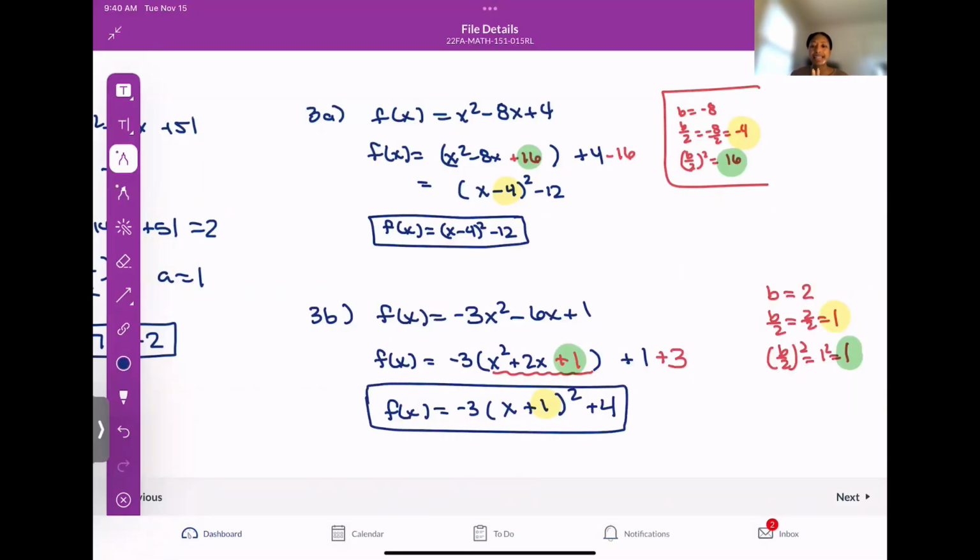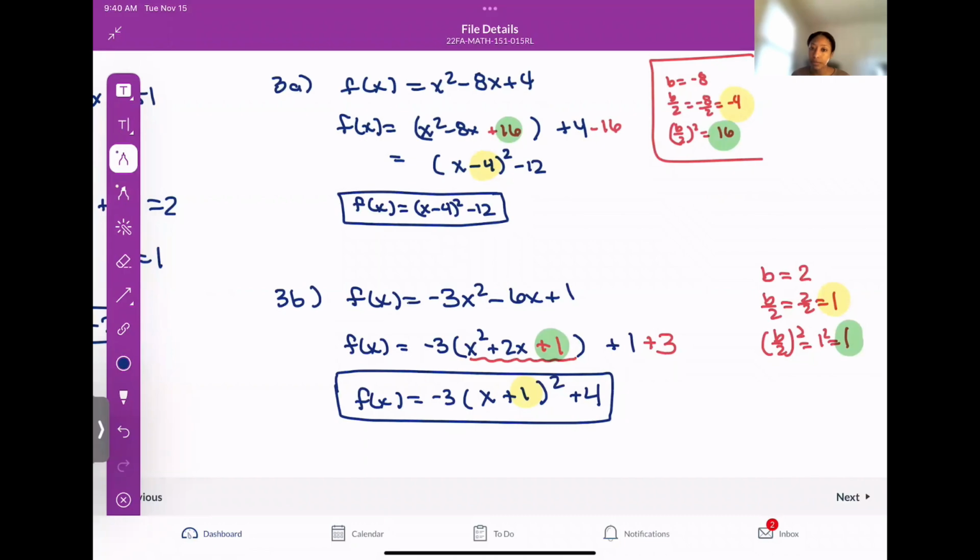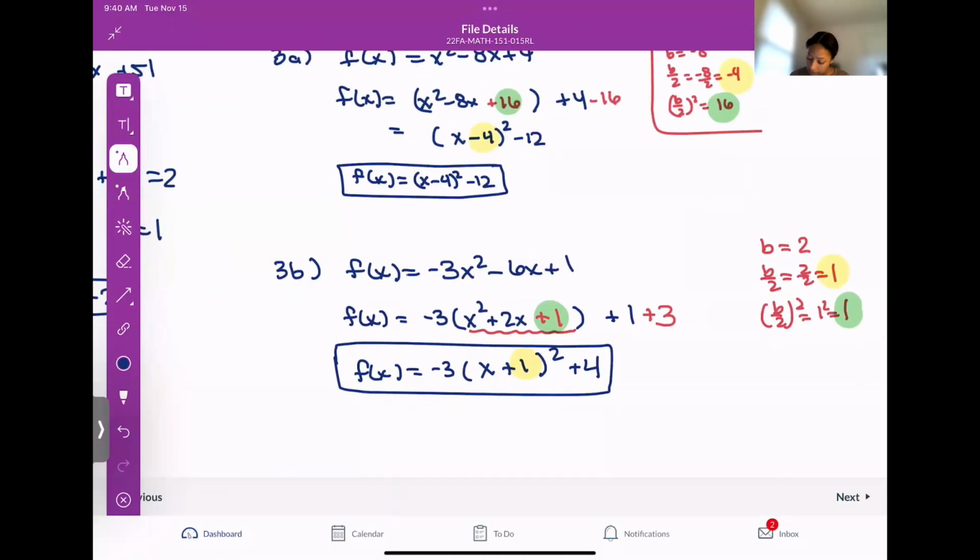And then last thing for real. For both of these problems, we were asked to identify the vertex. Once you have it in vertex form, it should be pretty easy to identify the vertex. For part 3b, I have one of the parts highlighted there. We have an x plus 1 and then a plus 4 on the outside.